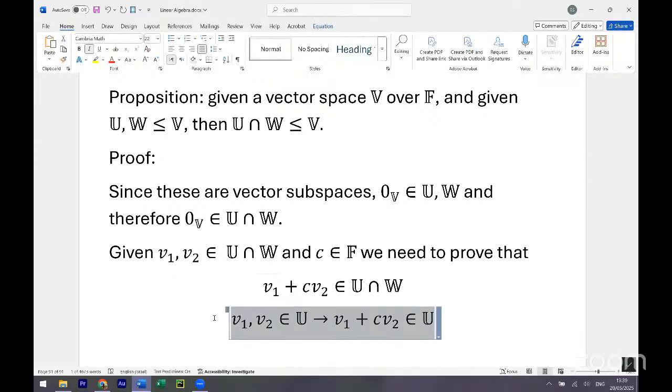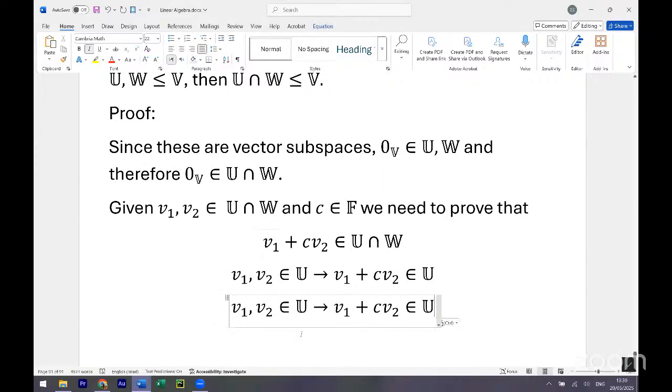Similarly, V1 and V2 are both in W. And by the way, here you see in a good way why it does not work for the union. Because if V1 and V2 were from the union, then one of them could be from U and the other from W, and then I have nothing to say about their sum.